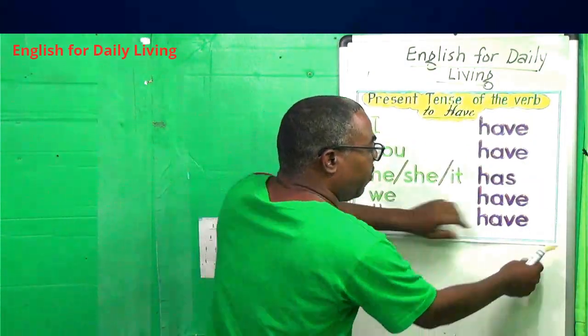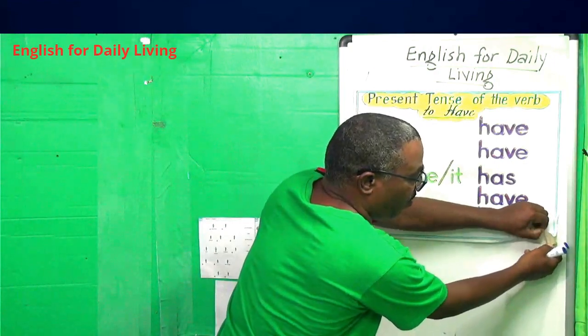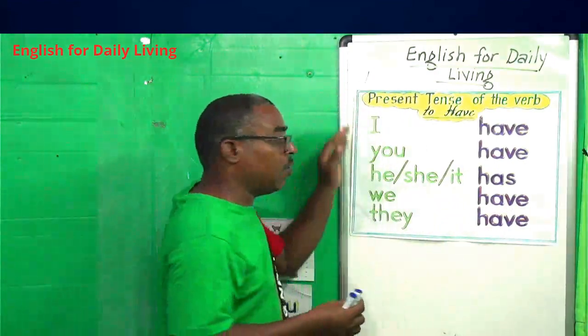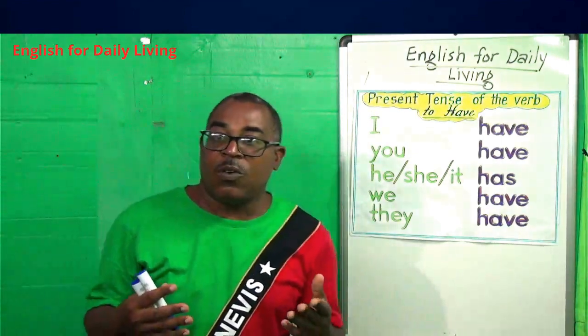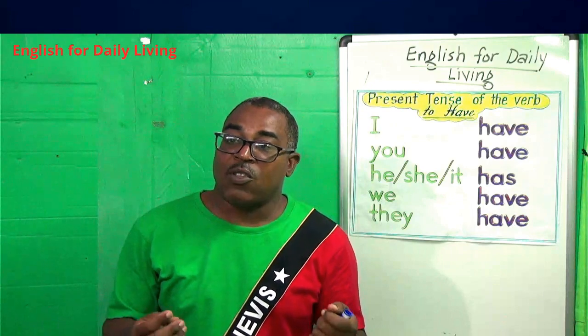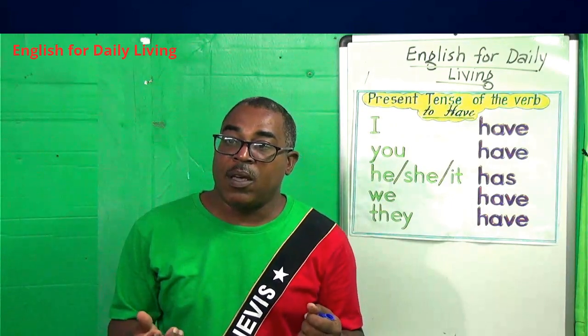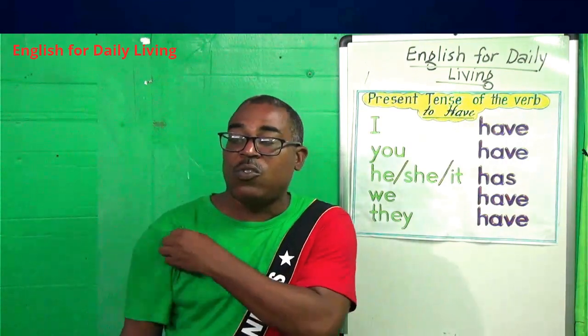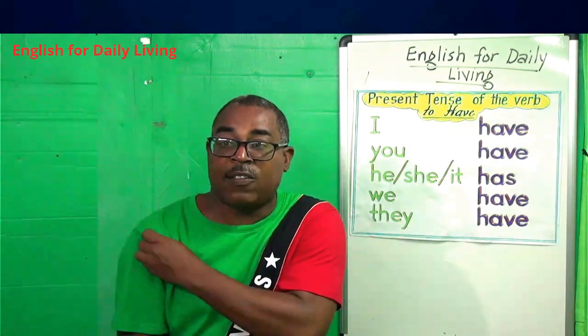This is an irregular verb in English. This verb means to possess something, to show that you have ownership. Okay? It's a very popular verb. It's also used to form compound tenses in English.